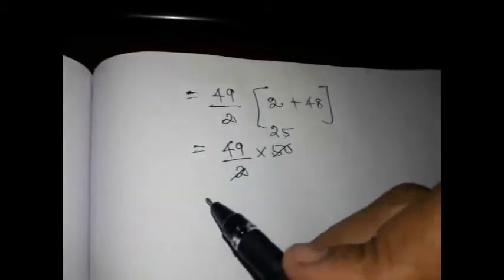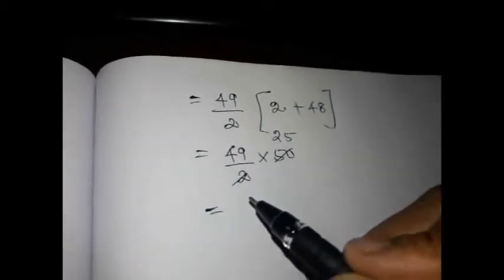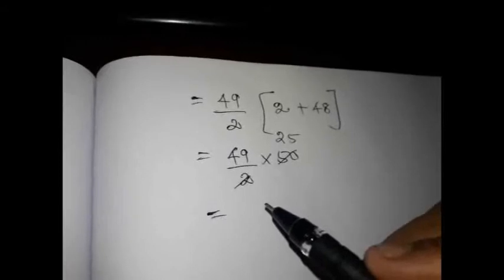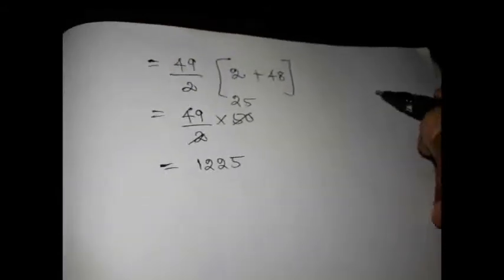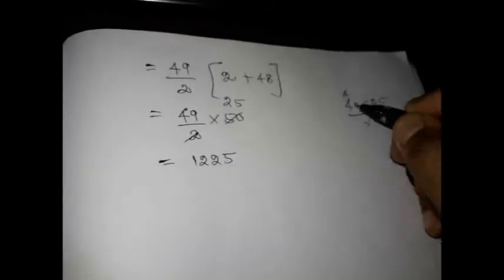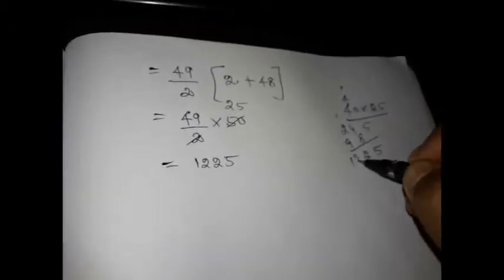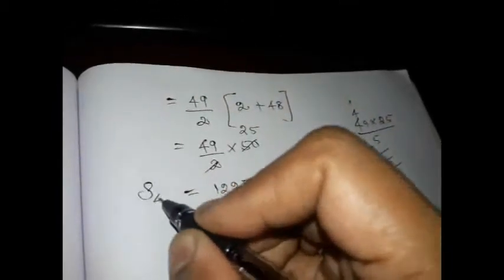So 49 into 25. 49 into 25 is how much? 1225, right? You can multiply. 49 into 25. 5 nines are 45, balance 4. 5 fours are 20, 24. 2 nines are 18. 2 fours are 8 plus 1, 9. So 1225. This is your S 49.